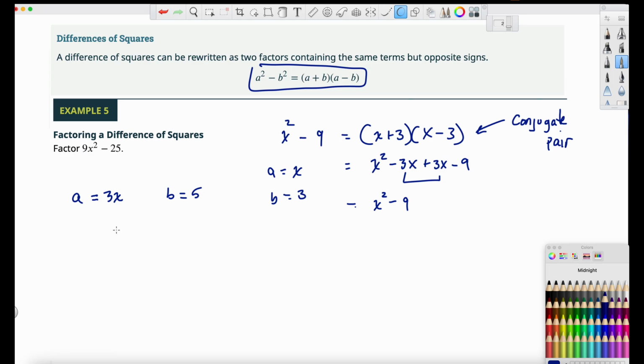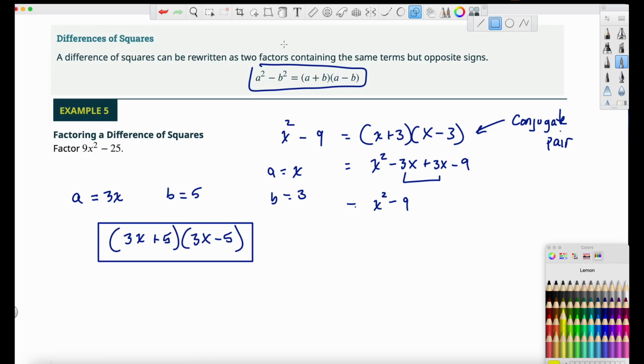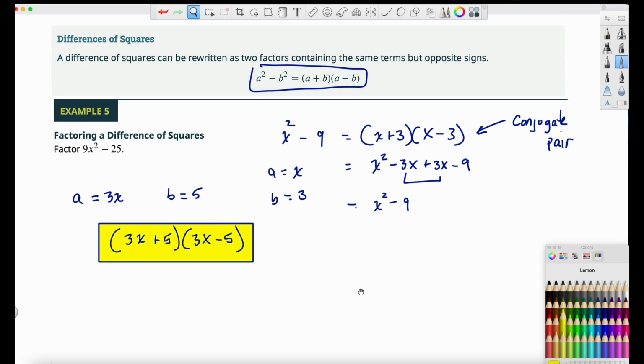All we do is we write a plus b times a minus b. And that's it. And if we were to FOIL that, just like I did in this little example, the middle terms would cancel and it would just leave us with 9x squared minus 25.